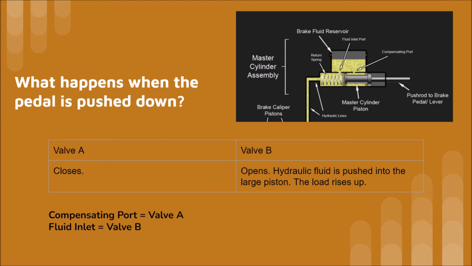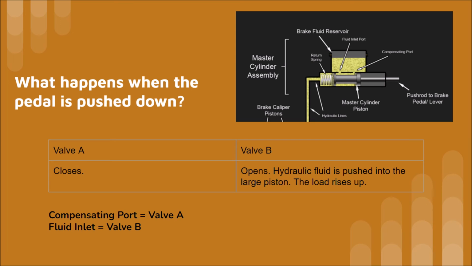Next, what happens when the pedal is pushed down? Here we have two valves inside the master cylinder. I have labeled it as valve A for the compensating port in the diagram and valve B as the fluid inlet port. When the brake pedal is pushed down, valve A will close and valve B will open.